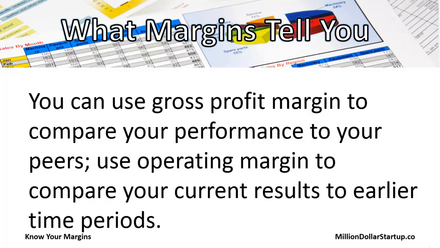These margins are both important but they tell you about different things. Gross profit margin tells you how you are performing compared to your peers, and operating margin tells you how you are performing compared to earlier time frames for your business. So they're both very important, but they tell you different things about your business, and they also tell you some things about how you're performing compared to other people in your particular market.